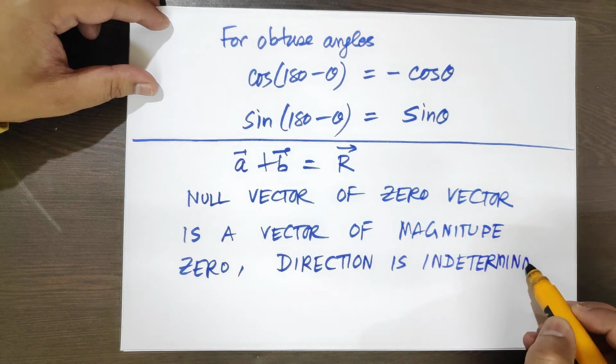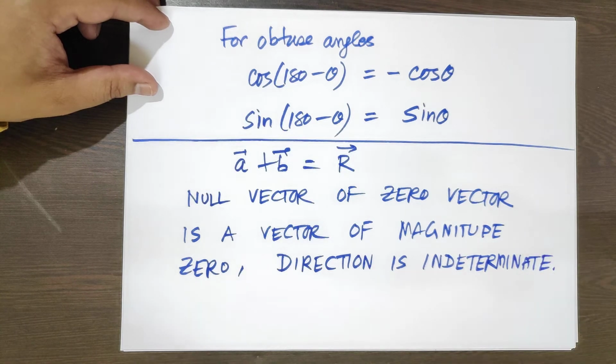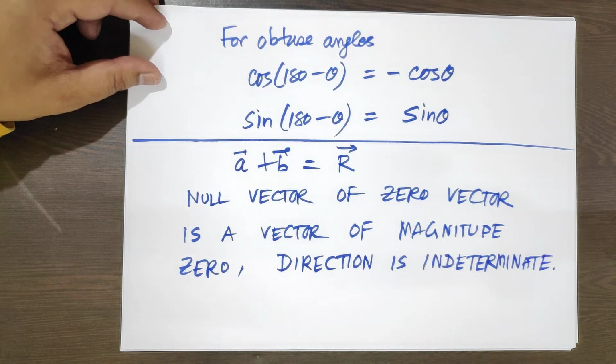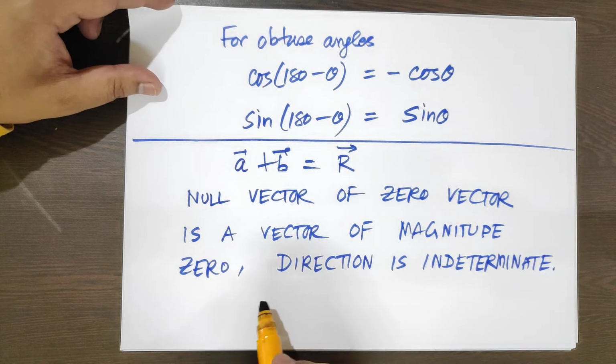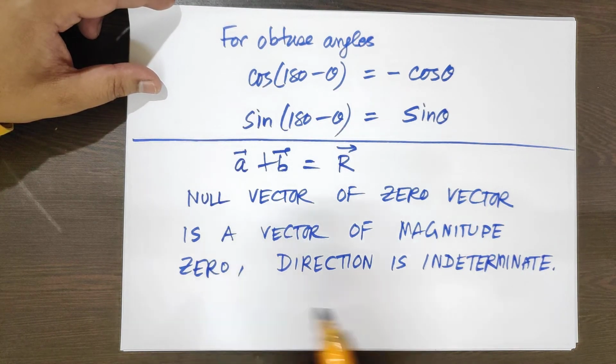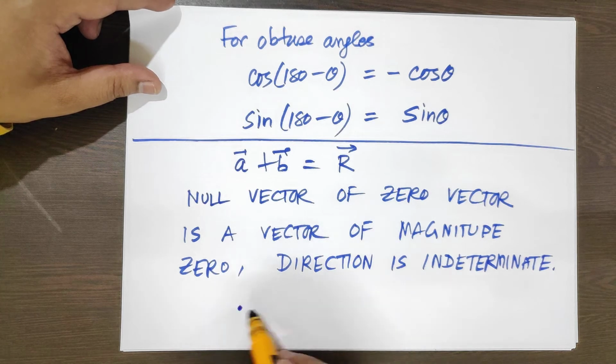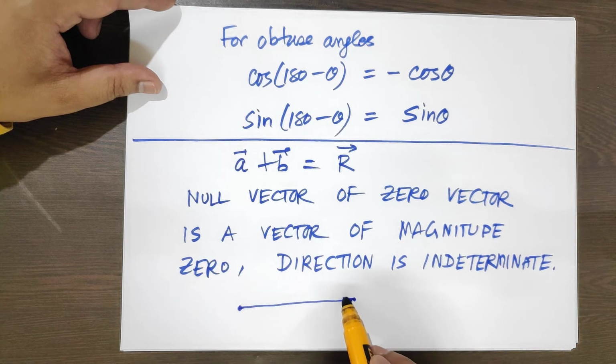That's one way of saying that the direction can't be determined, right? Obviously the direction cannot be determined. You see where you are going. Say I am going from here to here. So if a vector has a finite length, then the direction matters. I am going from here to here.